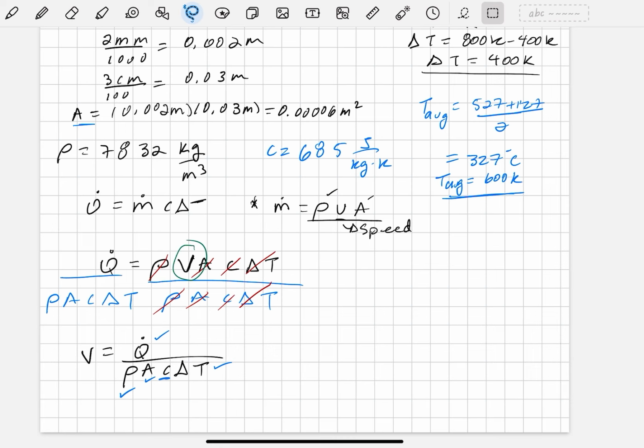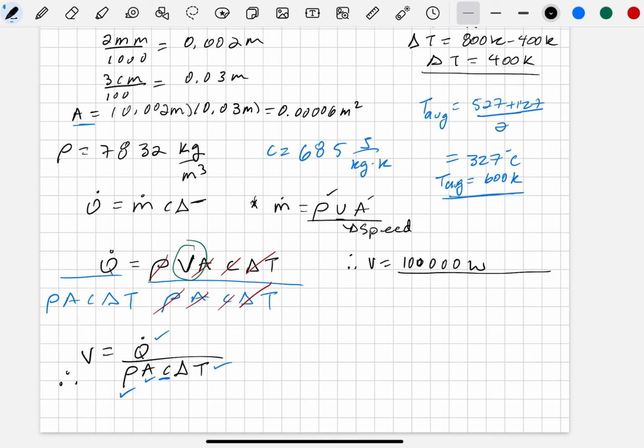I think I do have enough space, so let's just go with this. So then my speed is going to be 100 kilo. I know it's 1,000, so I'm just gonna put 1, 2, 3 watts.